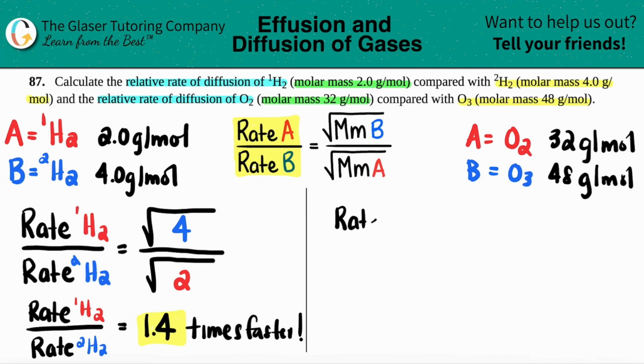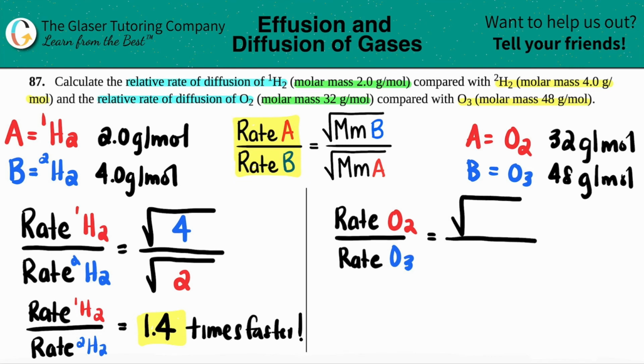Rate of O2 divided by rate of O3, A over B, equals something divided by something else. They're both square roots, but now remember, they change. So B's molar mass, 48, goes on the top, and O2's molar mass, 32, goes on the bottom. Now all we have to do is this math, and we'll find our answer.